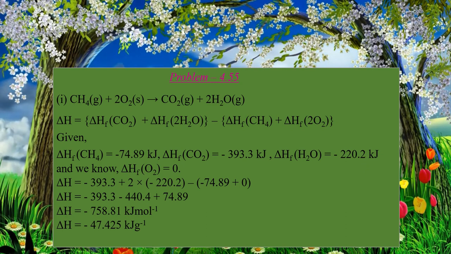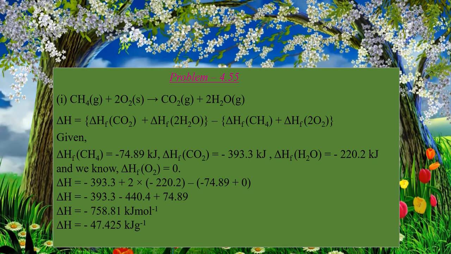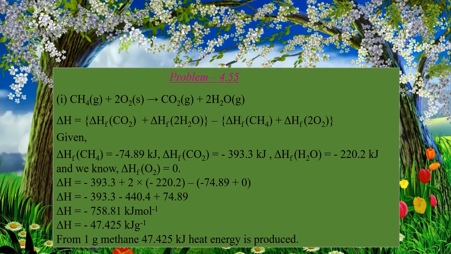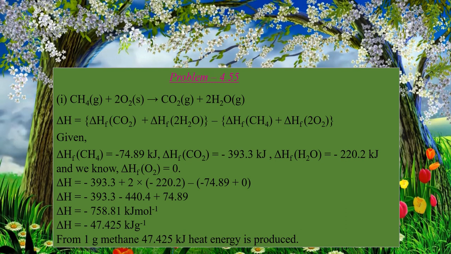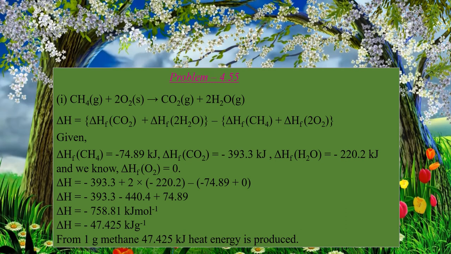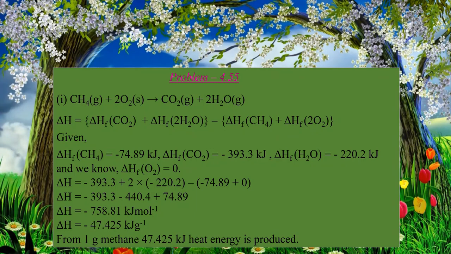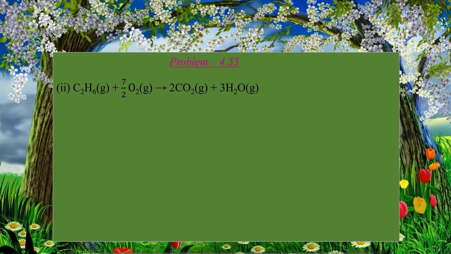That means 47.425 kilojoule heat energy is produced from 1 gram methane. In the same way, we will find out the heat of combustion of ethane and the heat energy produced from 1 gram ethane. Look, this is the combustion reaction of ethane.